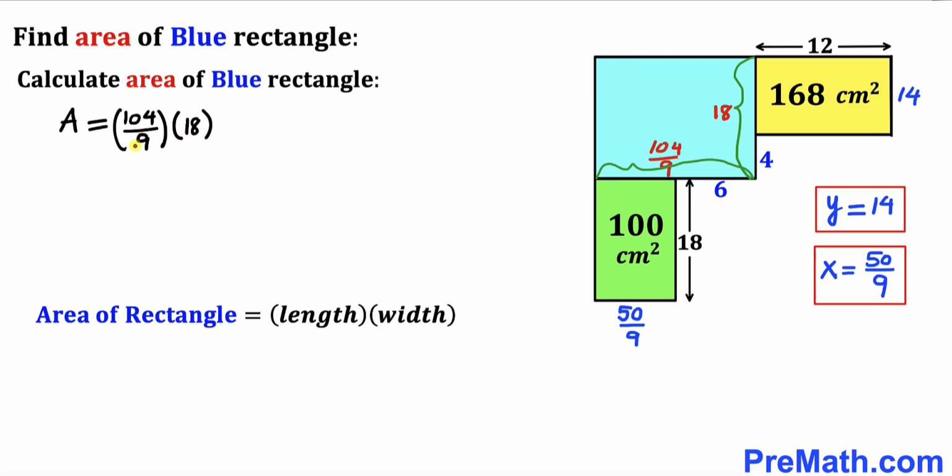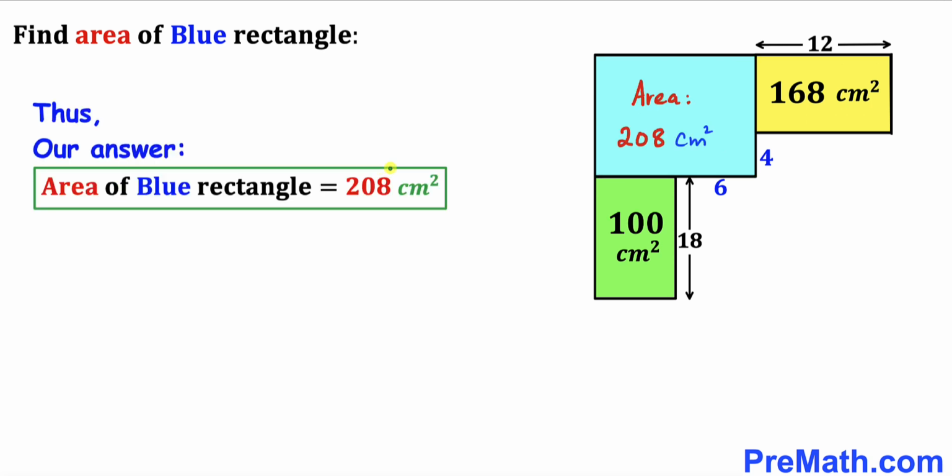And now we can see this 9 goes into 18 twice. And if we multiply everything on the right hand side, our area is going to be equal to 208 centimeters square. So thus the area of this blue shaded rectangle turns out to be 208 centimeters square.